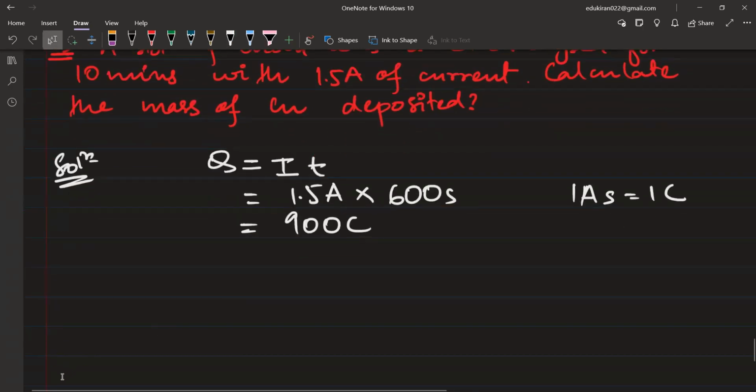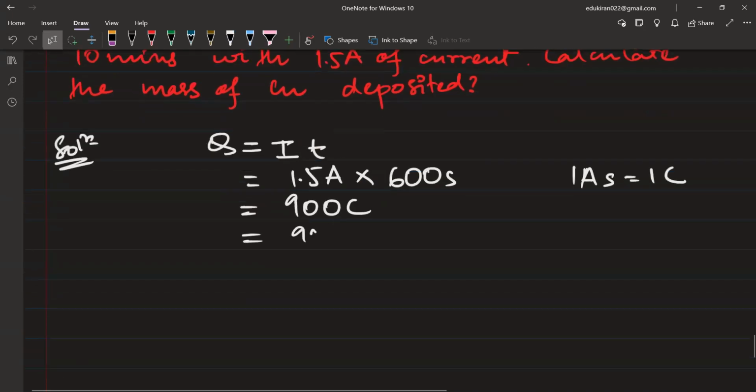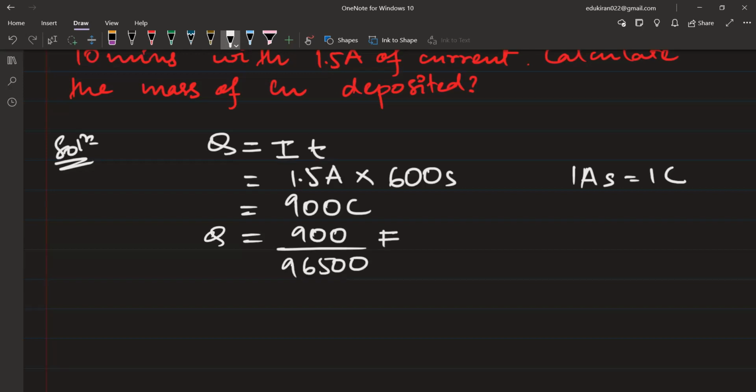If we talk in terms of Faraday, we can say that this is equal to 900 divided by 96500. This will be Faraday, right? As Faraday is equal to 96500 coulombs.